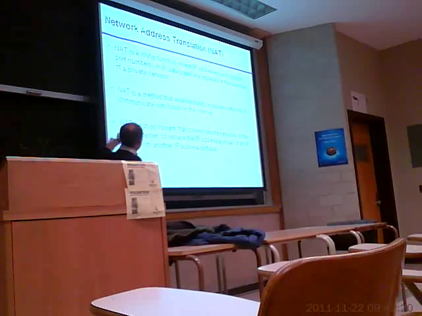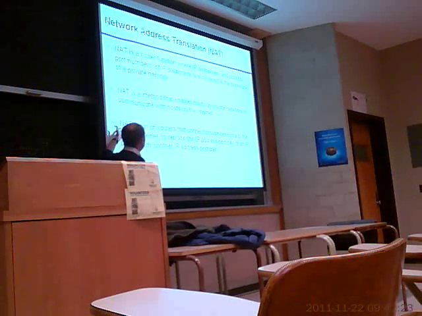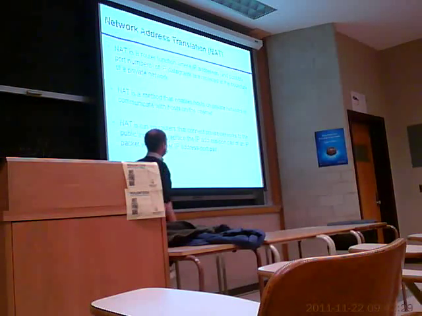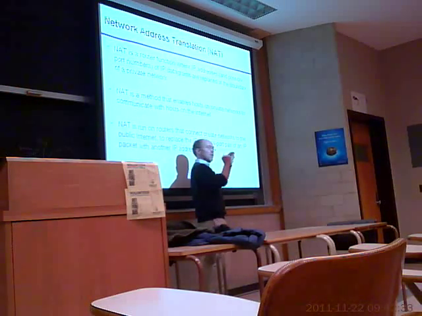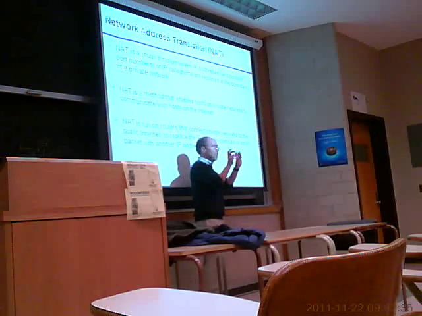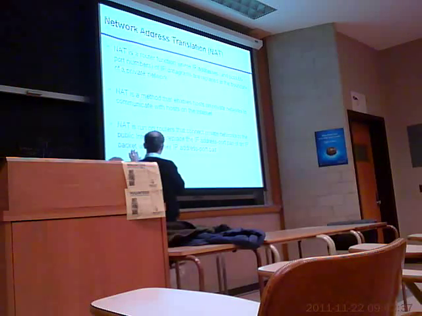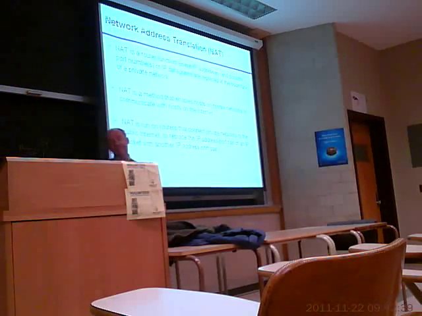This is a little bit repetitive, a little bit more technical. NAT is run on routers that connect private networks to the public internet. We've said that. What it does is it replaces an IP address and port pair with another pair.